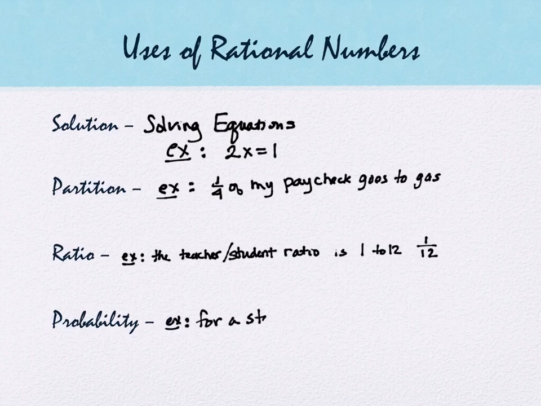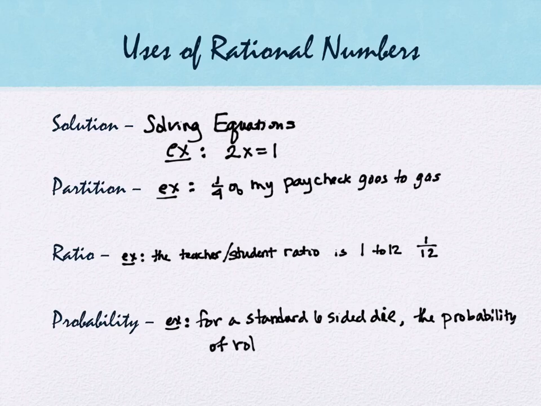For a standard 6-sided die, the probability, which means likelihood, of rolling a 4 is 1/6. One side out of 6 is a 4, so it's a 1/6 probability.